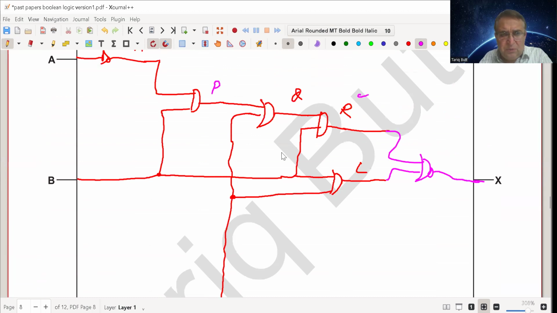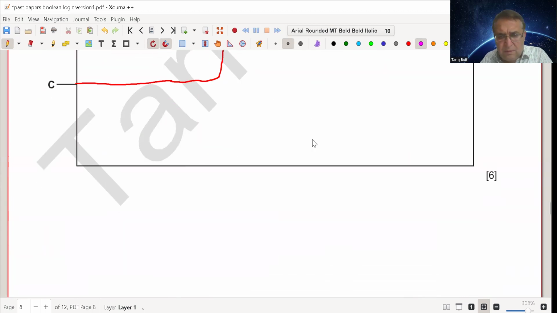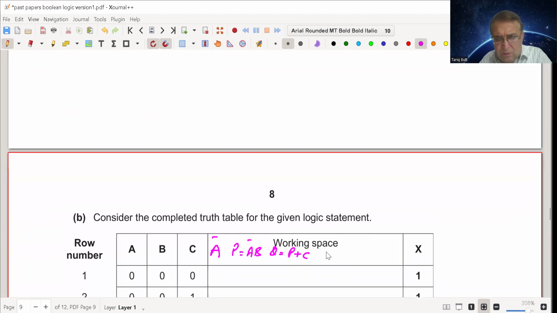R is Q and B, or B and Q, whatever you call. So R is B into Q.